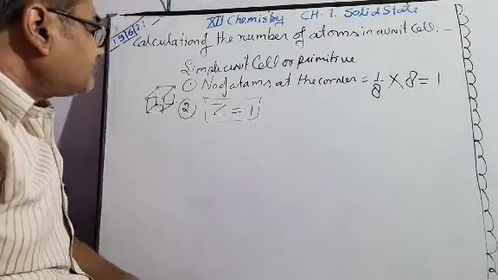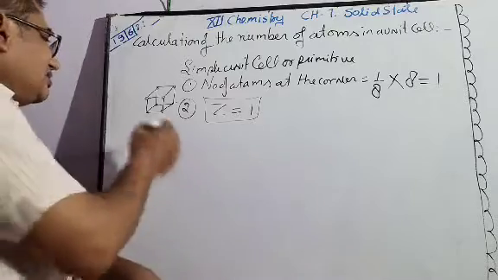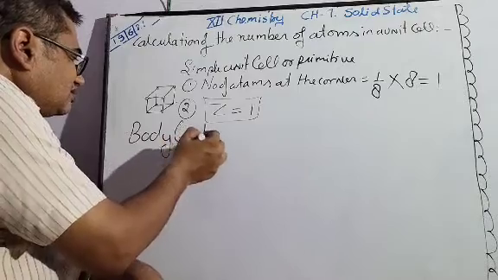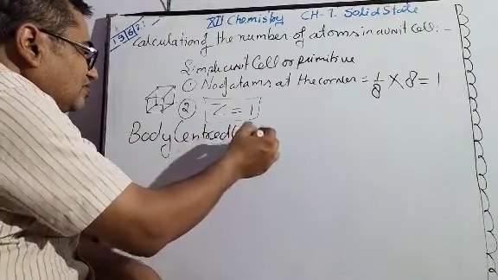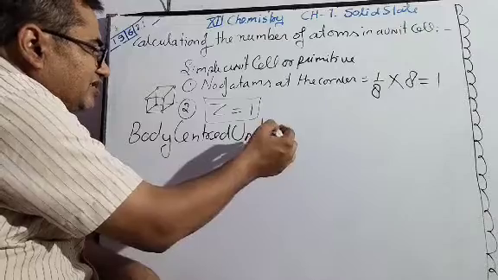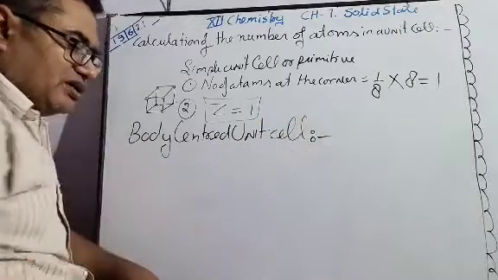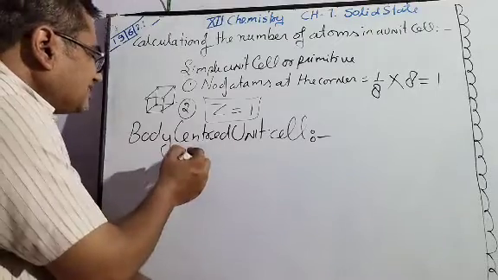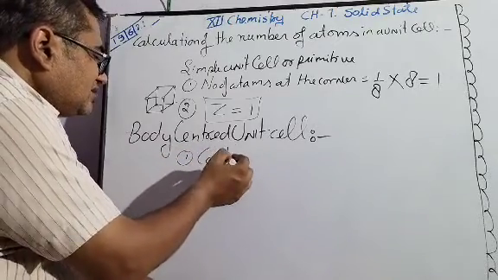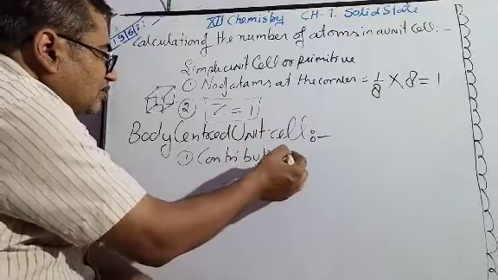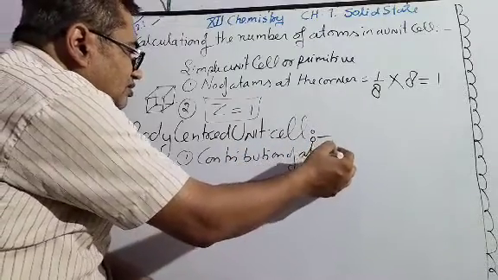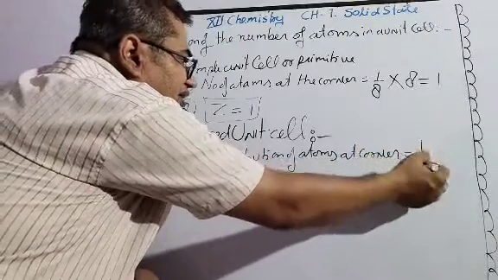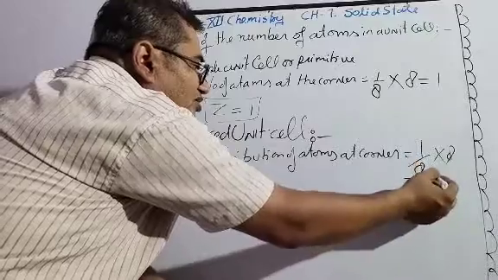Now another type of unit cell, the body centered unit cell. First of all we have to find out the total number of atoms at the corner. The contribution of atoms at the corner is 1/8 into 8, equal to only 1.